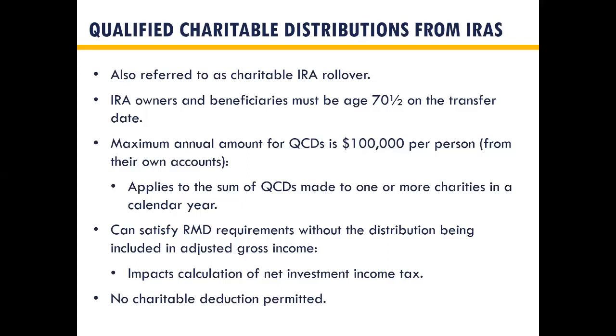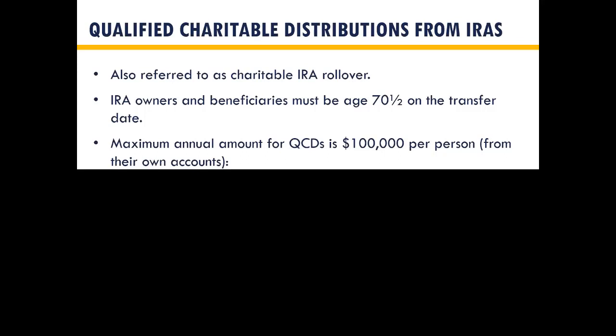One of the things I did want to mention about the CARES Act is that one of the provisions is temporarily waiving the required minimum distribution requirement for 2020. I don't know how that will impact our qualified charitable distributions, because a lot of donors may be taking their required minimum distribution as the qualified charitable distribution.